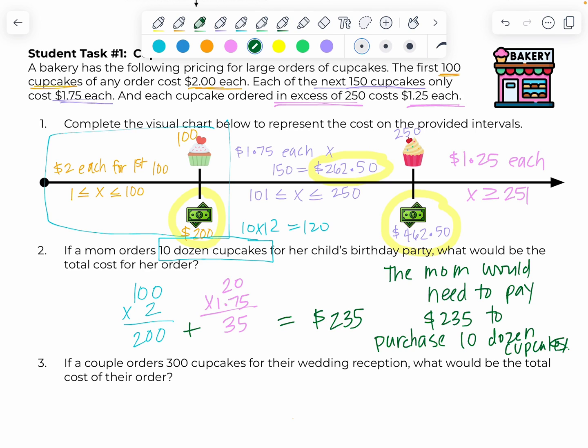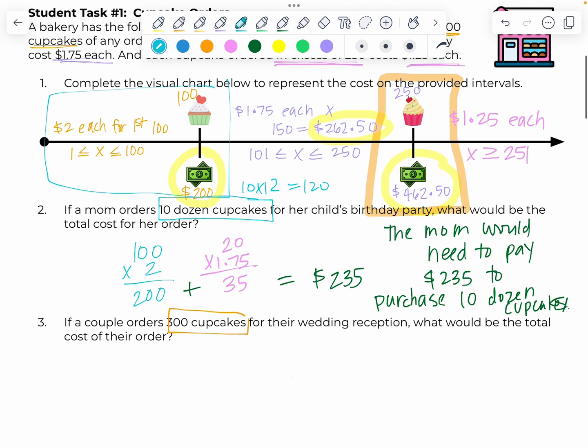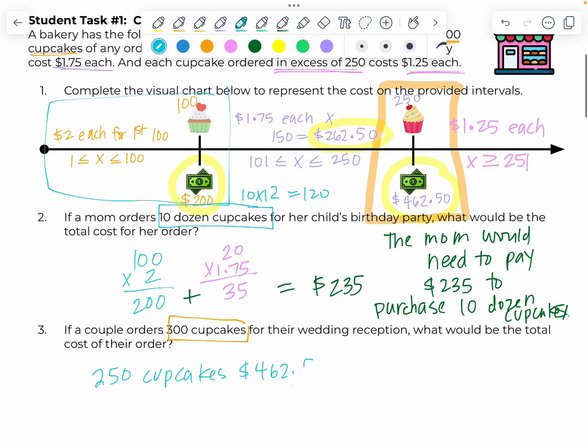In our next scenario, a couple is going to order 300 cupcakes for their wedding. So we can actually look at this threshold or this benchmark price right here. So for the first 250 cupcakes, we've calculated it's going to cost $462.50.